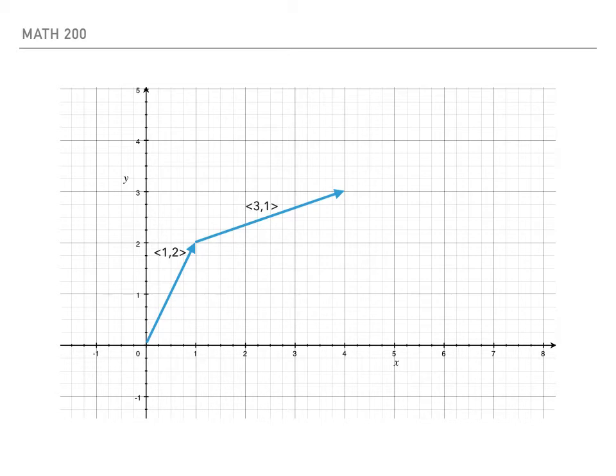I've gone 1 unit in the x and then another 3 units in the x. And I went 2 units in the y and then another 1 unit in the y. Well, the addition works out just like you want it to. You add the x's, add the y's, that's the new vector. Okay, so v plus w is <4, 3> in this case.